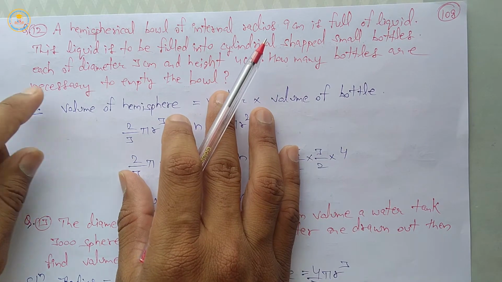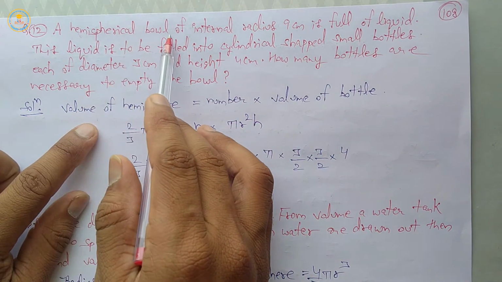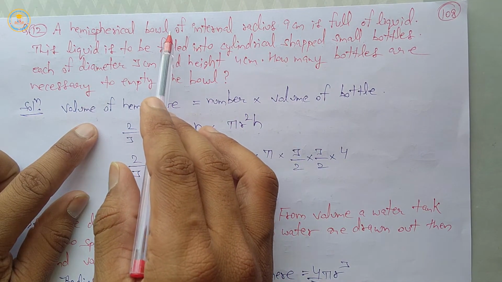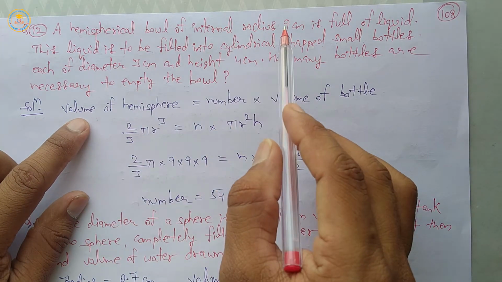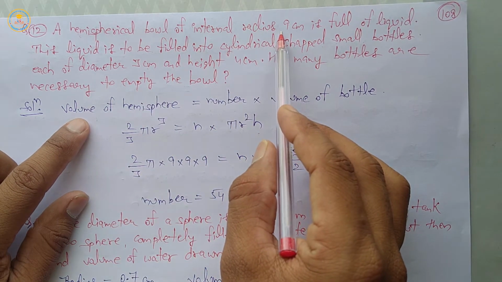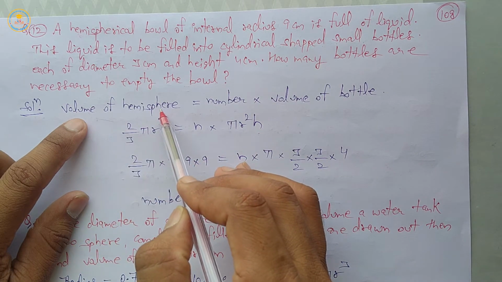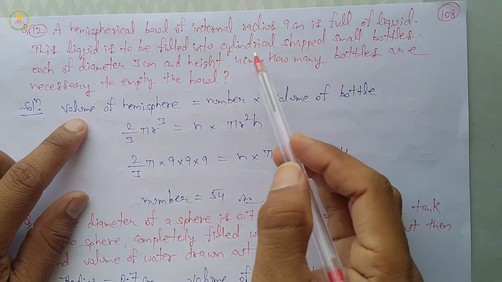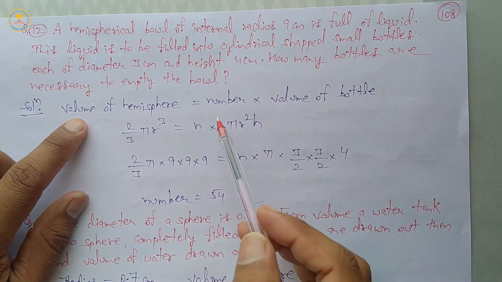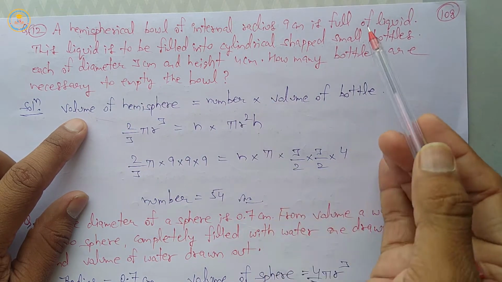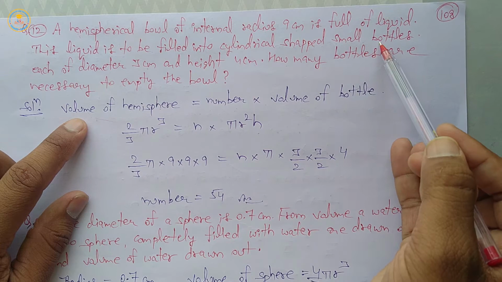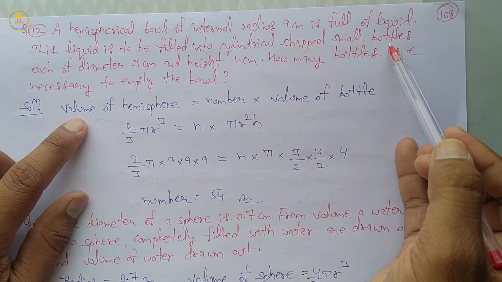Okay, the hemispherical bowl is given, and the radius is given, therefore we take the volume of the hemisphere, and we calculate the number n, so n multiplied by the volume of the bottle.